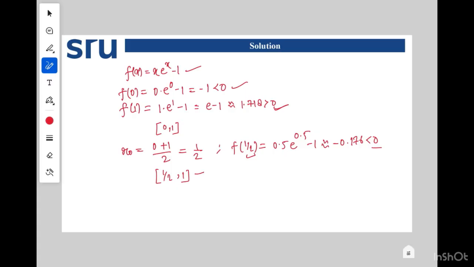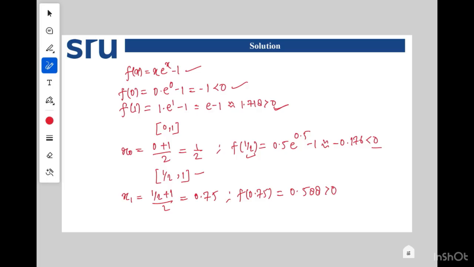So with the new interval, we can calculate the first approximation x1 by taking the midpoint of this interval. This is 1 by 2 plus 1 divided by 2, which is equal to 0.75. Again we check the function value at 0.75, which is equal to 0.588, greater than 0.